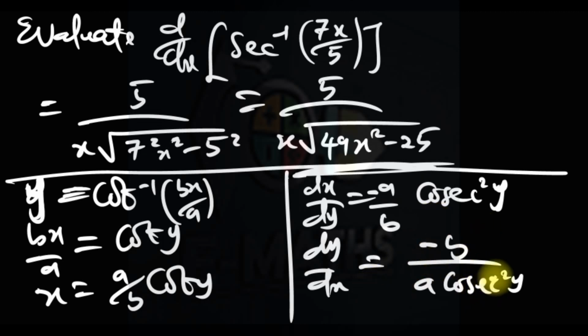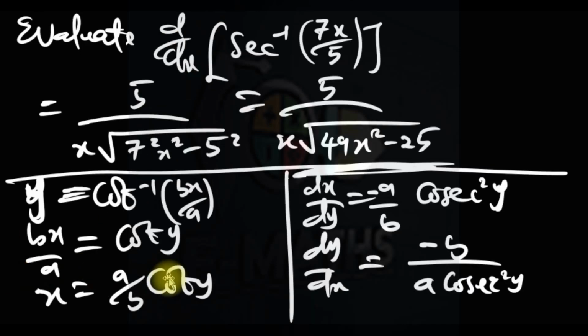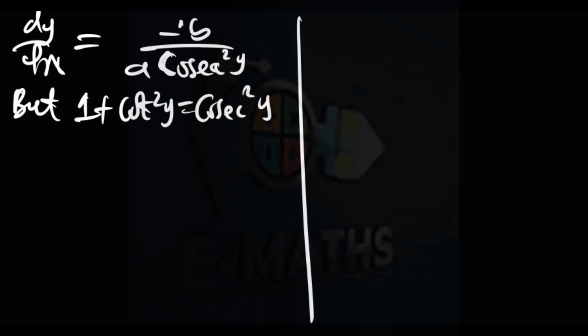So the next thing is now to convert, because we are not given this. So we use our Pythagorean identity. From our Pythagorean identity, 1 plus cot squared is cosec squared.